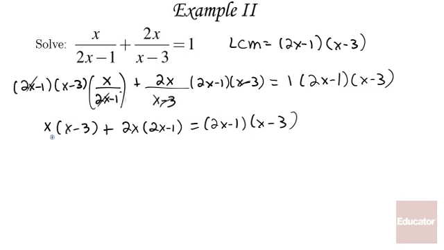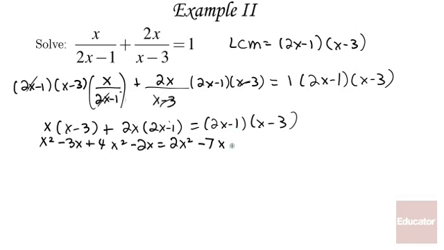I'm going to go ahead and work this out to get x squared minus 3x plus 4x squared minus 2x equals 2x squared, 2x times x, outer terms that is negative 6x, inner terms negative x, so that's negative 7x, that's negative 6x plus negative x.